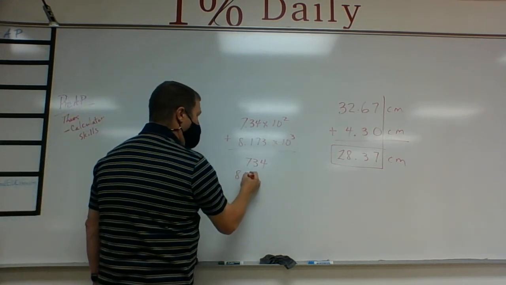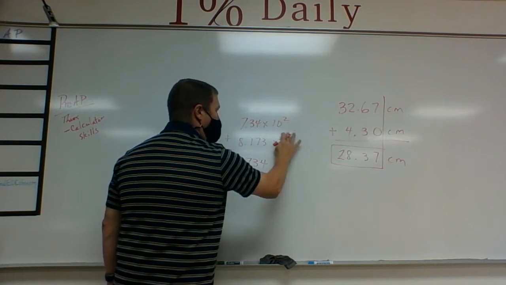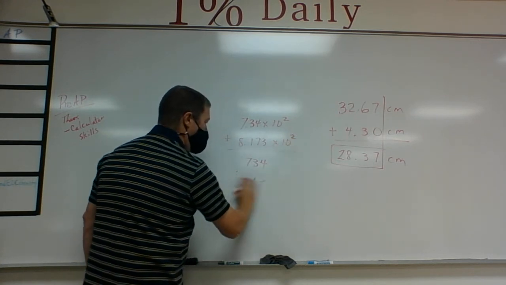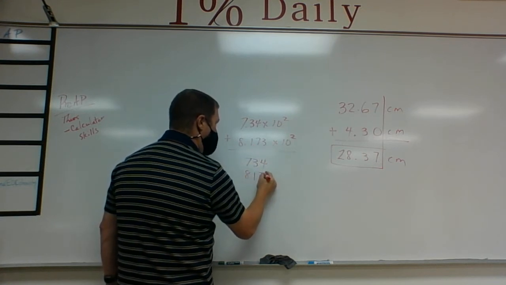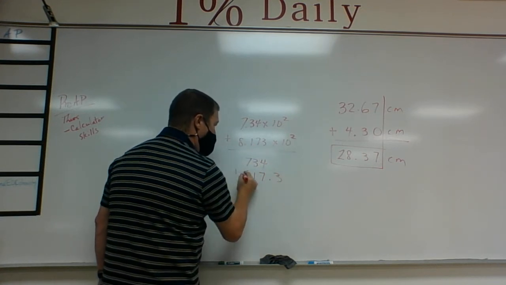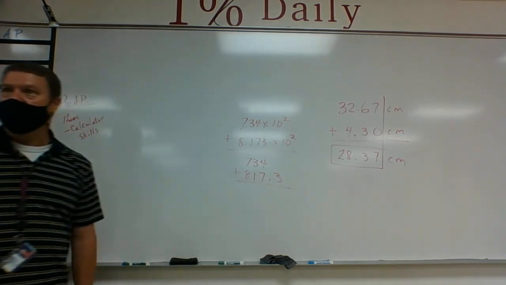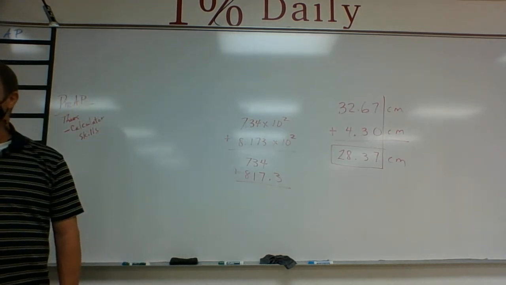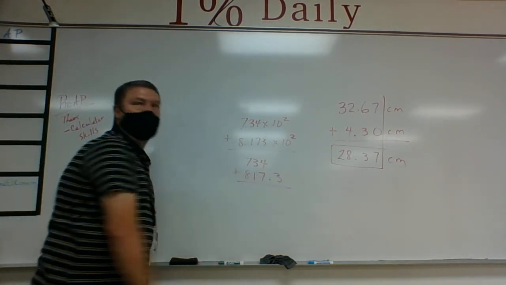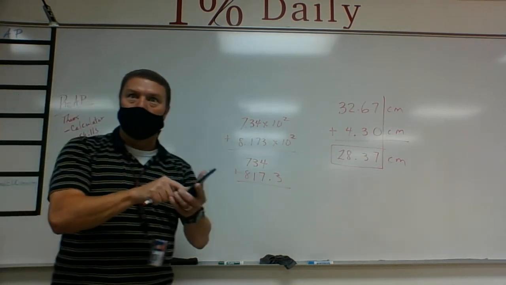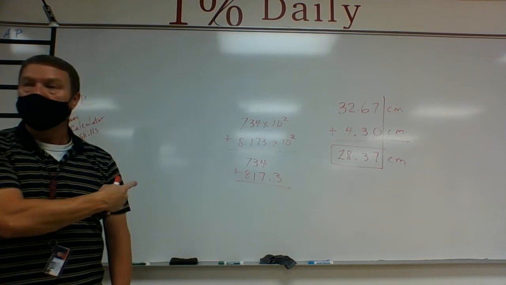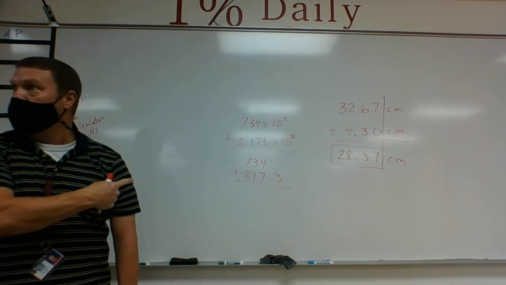The answer is 8173. Let me make that a 2. Here's why. 1, 2. 817.3. When I add those together, can you see where I'm going to have my decimal? No decimals, 1 decimal. My answer is going to have no decimals. There it is. So I just push the button. Boop, boop, boop, boop, boop, boop, boop. Write the answer down. Are you picking up what I'm laying down?